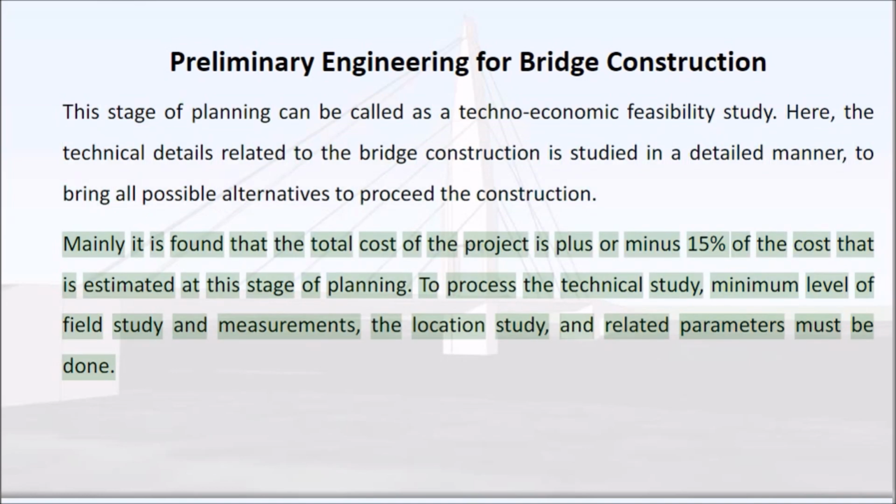Mainly, the total cost of the project is found to be plus or minus 15% of the cost estimated at this stage of planning. To process the technical study, a minimum level of field study and measurements, the location study, and related parameters must be done.